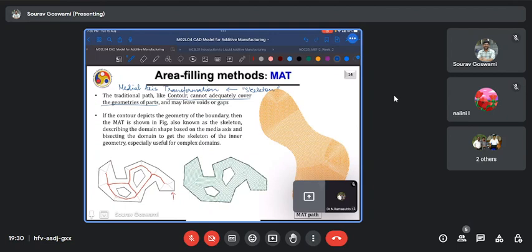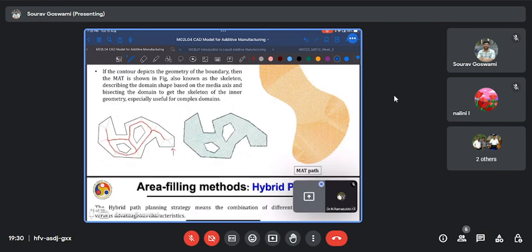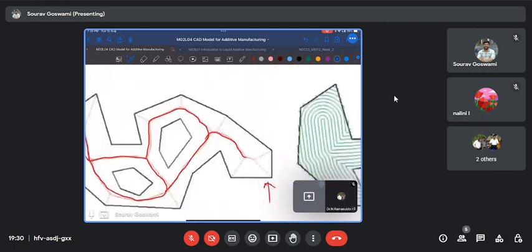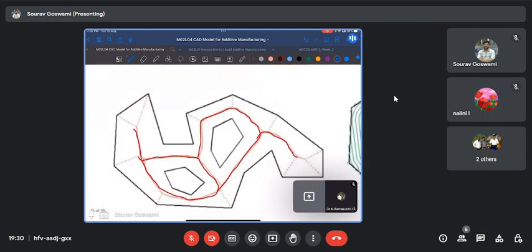And how this MAT is actually calculated is that we construct circles, and we try to fit a circle of a suitable size such that these two edges of the external contour act as tangents to the circle, and we keep recording the center.